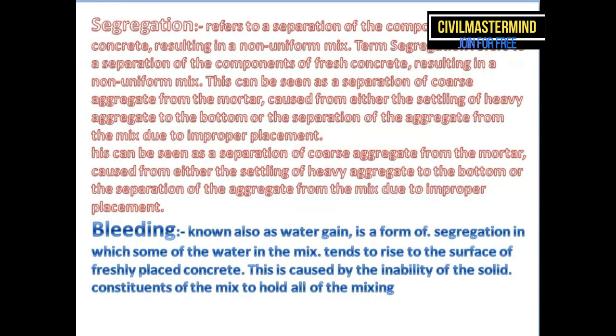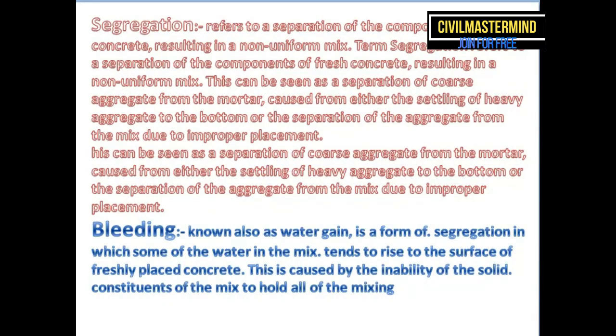The second term is bleeding. Bleeding means that after segregation, since now the particles have left their original positions and they are leaving each other, even the water gets displaced and you find the water right onto the surface of the concrete or of the mixture, whichever we are using.